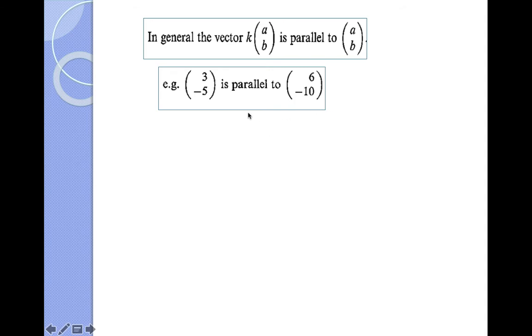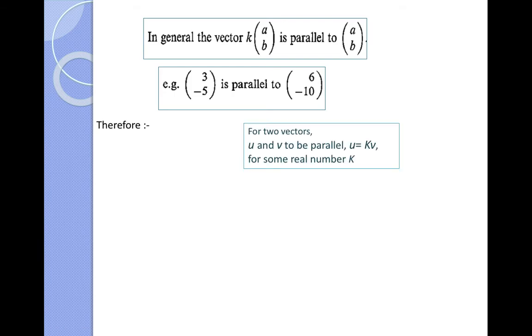Now I told you one vector is a scalar multiple of the other. When you analyze here, the x component here is 3, and here the x component is 6. That means 6 is a multiple of 3, right? Likewise, negative 10 is also a multiple of negative 5. So that means it is a multiple of the other.